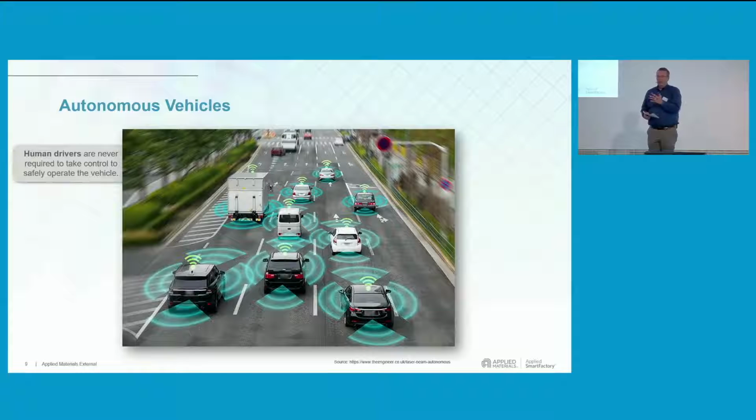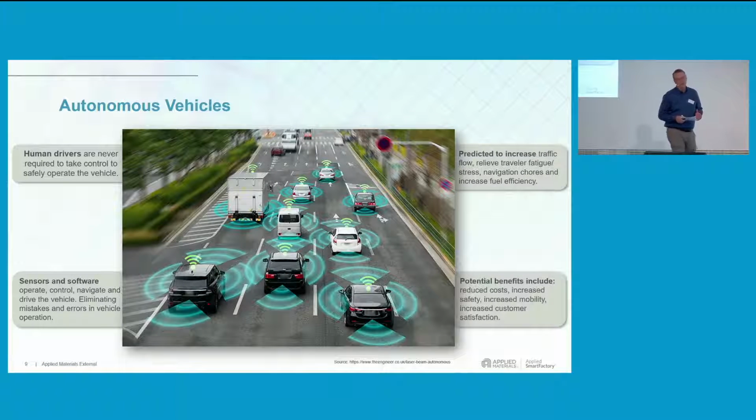I want to change the tone a little bit for just a minute and talk about automated vehicles. Probably most of you in here, maybe all of you in here, have been in these automated vehicles before. I remember the first time I got in one, I'll be honest, I was a little bit nervous. I wasn't sure if it was going to stay within the lanes when I let go of the steering wheel.